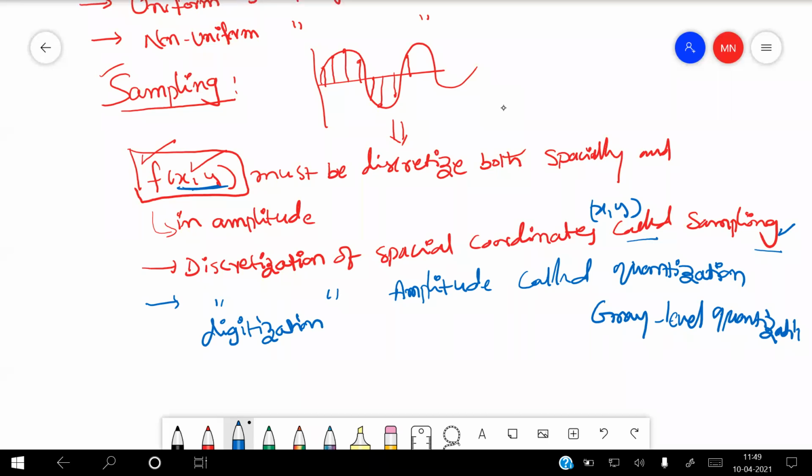So sampling is discrete and amplitude is digital. Because we need to discretize both, discretization of the spatial coordinates is called sampling and digitization of the amplitude is called gray level quantization, or quantization technique.